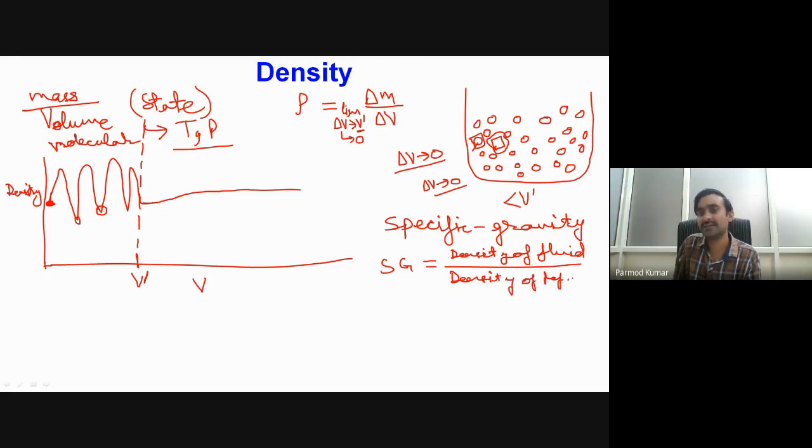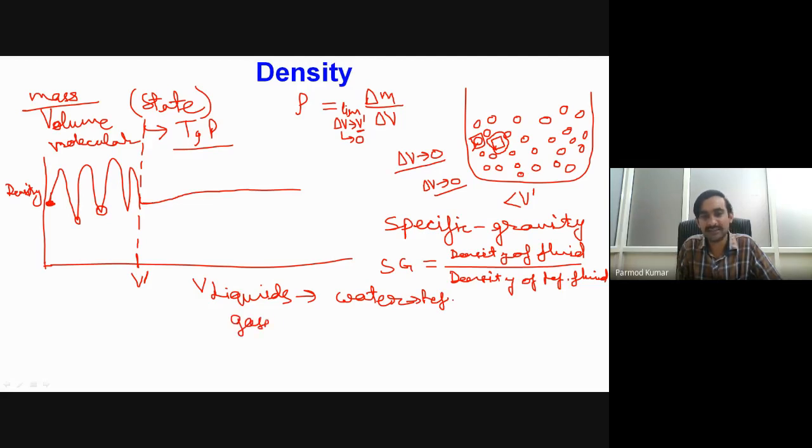Generally, for liquids, we consider the reference fluid as water, and for gases, air is considered as the reference fluid. Once we know the specific gravity of a liquid or gas, by just multiplying with the density of the reference fluid, we can determine its density.